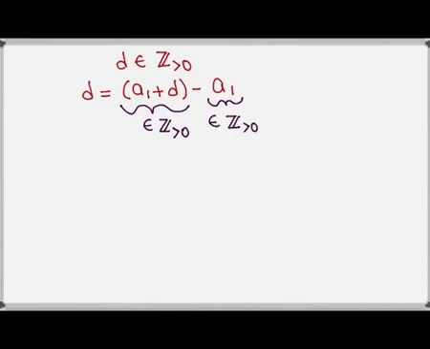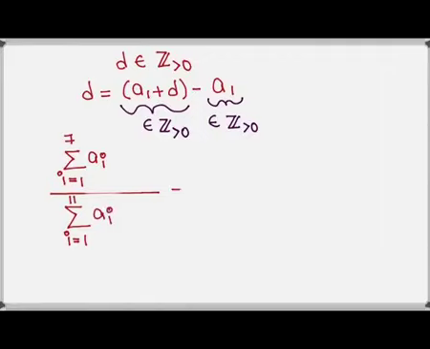Alright, in the question we are also given that the sum over i running from 1 to up to 7, Ai divided by the sum over i running from 1 to up to 11, Ai is equal to 6 by 11.